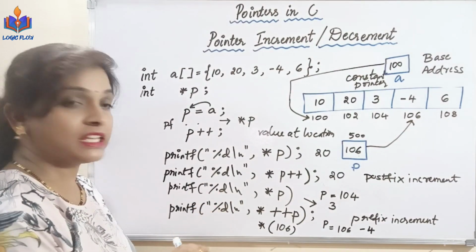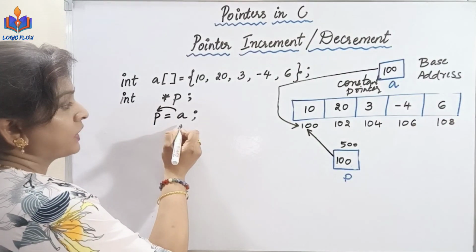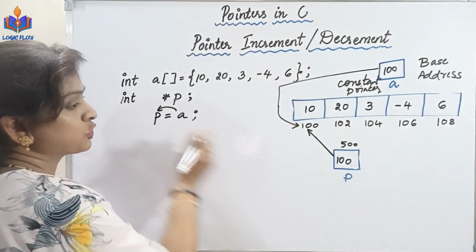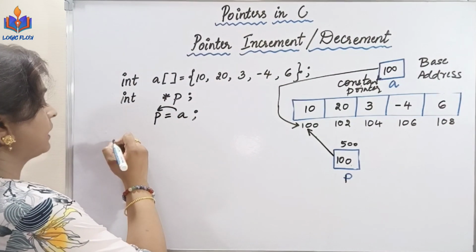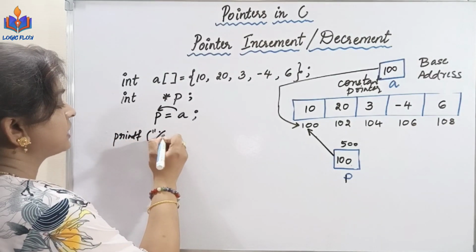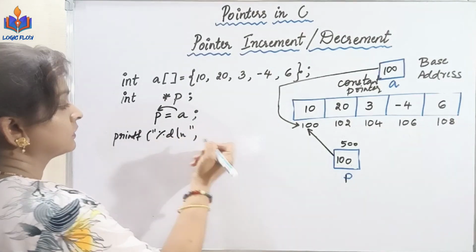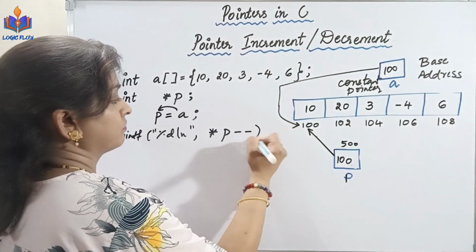Now let us see the decrement operation. So P equal to A. As usual, I am storing the base address to the pointer. So now P is pointing to A. Now I'll say printf %d, asterisk P minus minus.